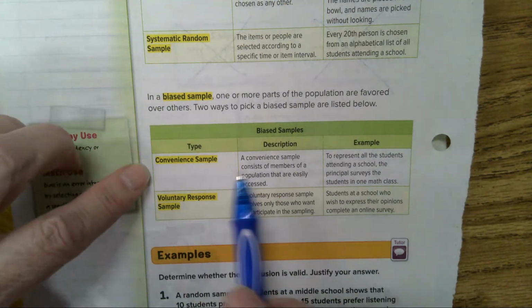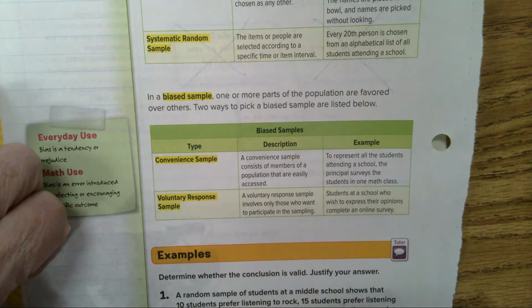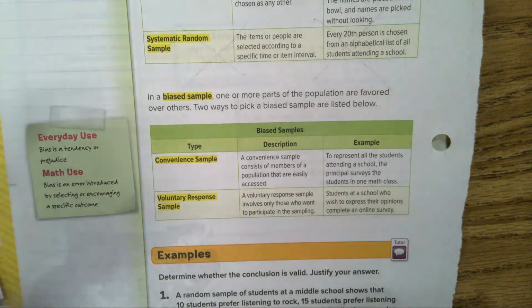Convenient sample. A convenient sample consists of members of a population that are easily assessed. An example: to represent all the students attending a school, the principal surveys the students in one math class. If you interviewed this class, and then someone interviewed my 5th period class about something, this class would probably have different answers than that class, especially about math questions, because you understand math concepts a little better.